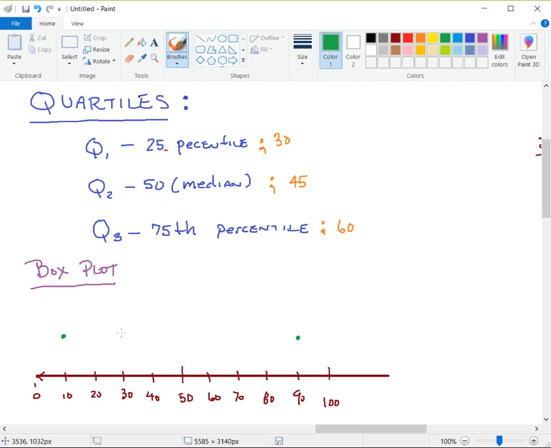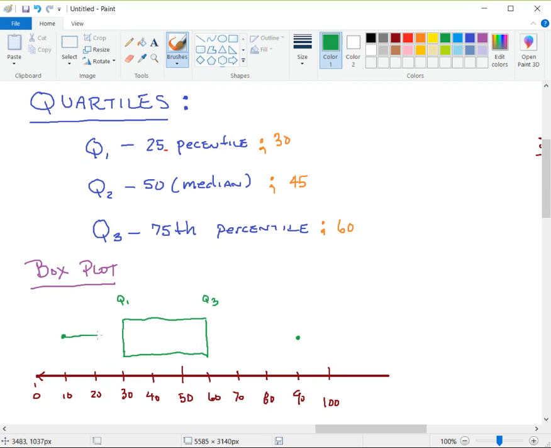So I'm going to draw a line there. We're going to make a box. And my 75th percentile is at 60. So I'm going to draw a line there at 60. So when you see a box plot, you know the edges. The left edge represents the first quartile, Q1. The right edge represents the third quartile.